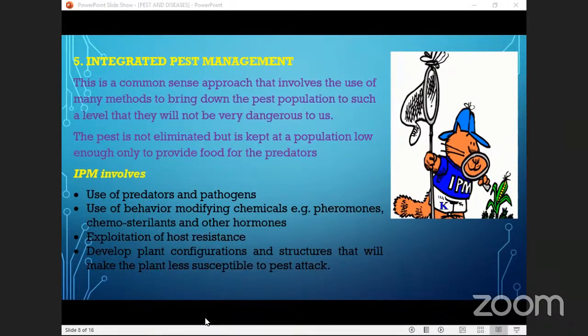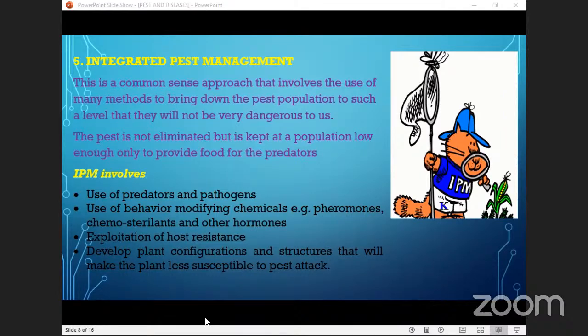Integrated pest management, in simple terms, means that you put all other methods together. You put chemical, physical, biological and legal pest control methods together in order to control a certain pest.